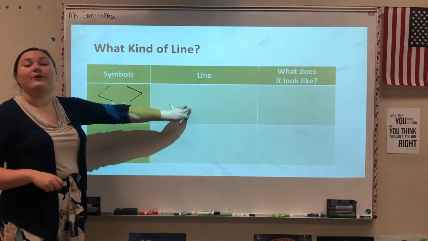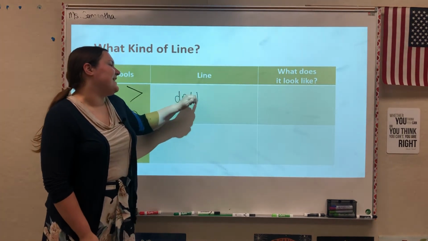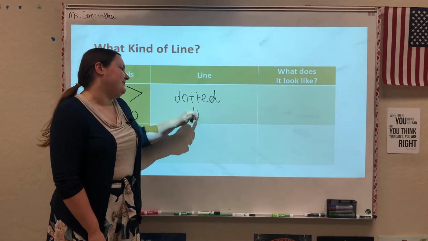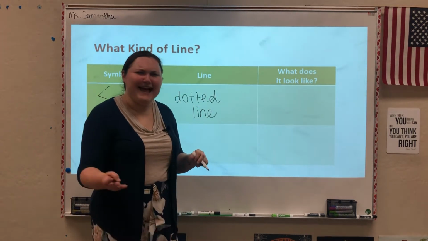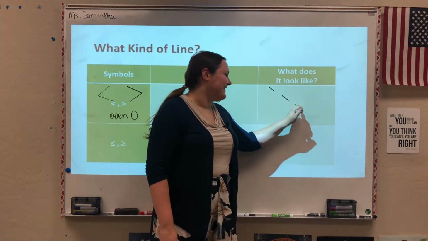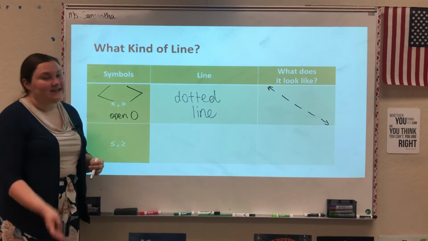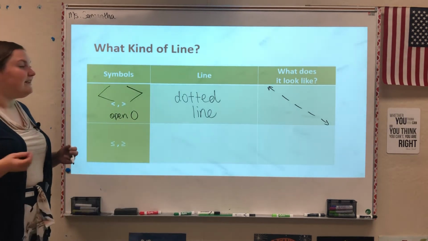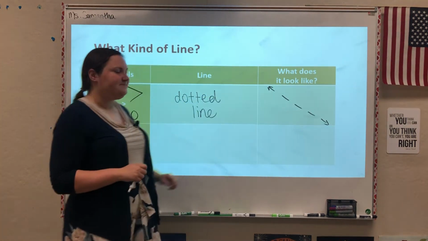On our coordinate plane today, we're going to use what we call a dotted line. A dotted line is going to look like a line if it was open. It's going to look something like this. That dotted line can go up, it can go down. It's going to depend on the slope, but we'll be using a line that looks like this.